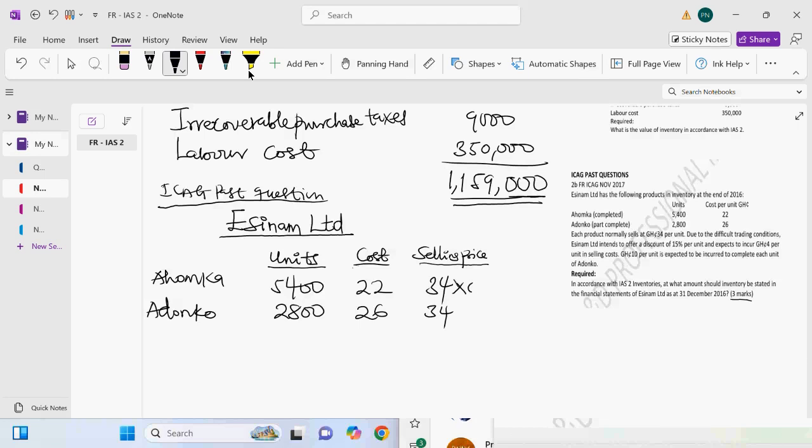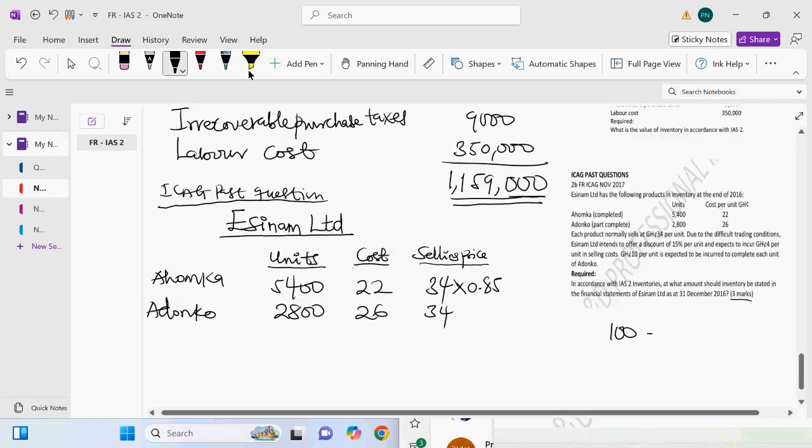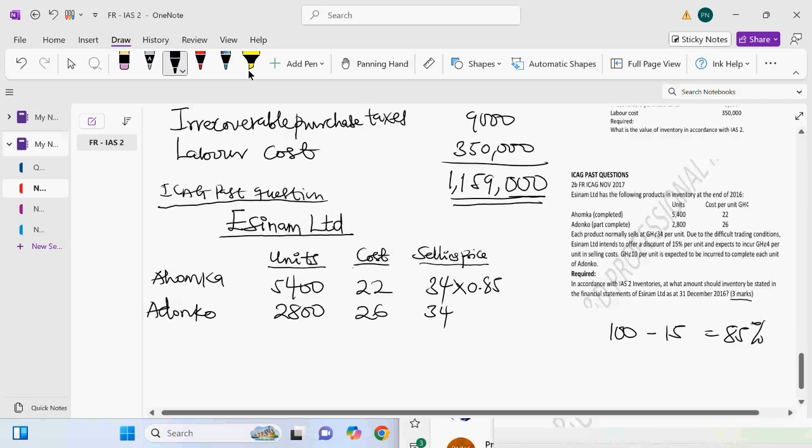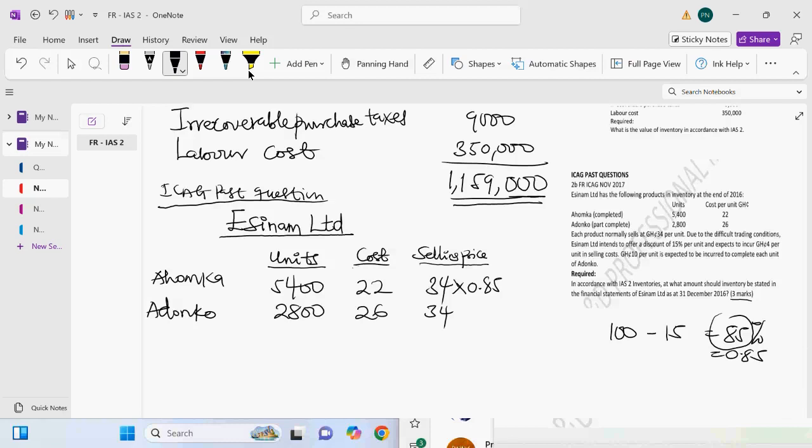We have 100%, you are deducting 15%, so you have 85%, and that is 0.85. This 85% is the selling price, and 15% has been given as discount.